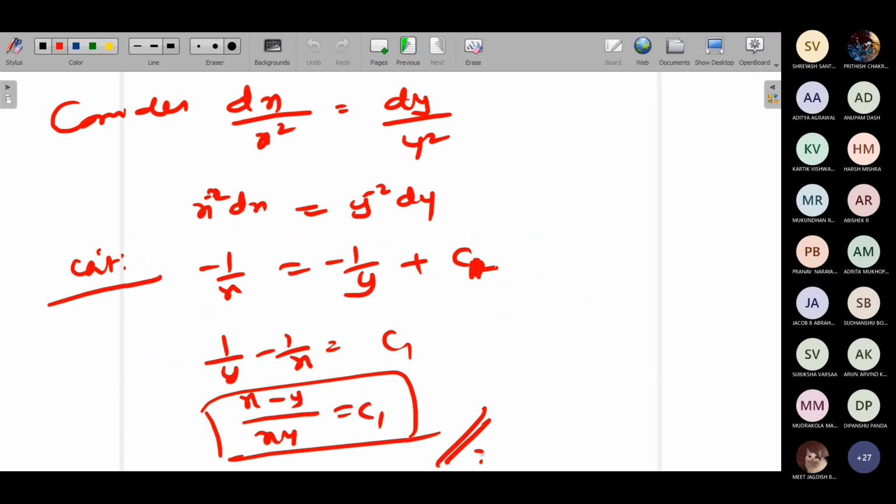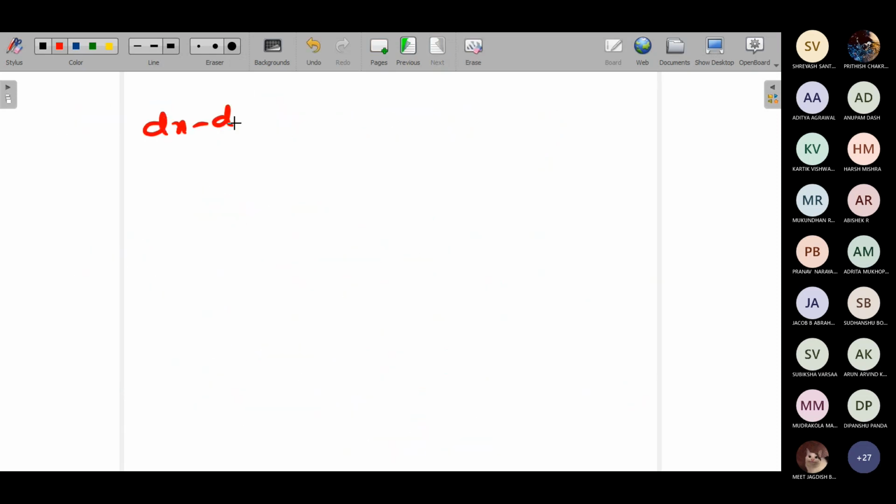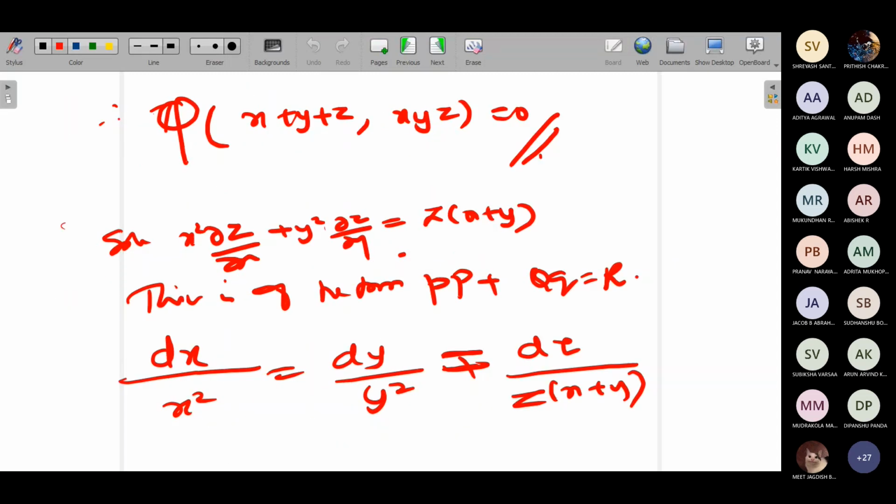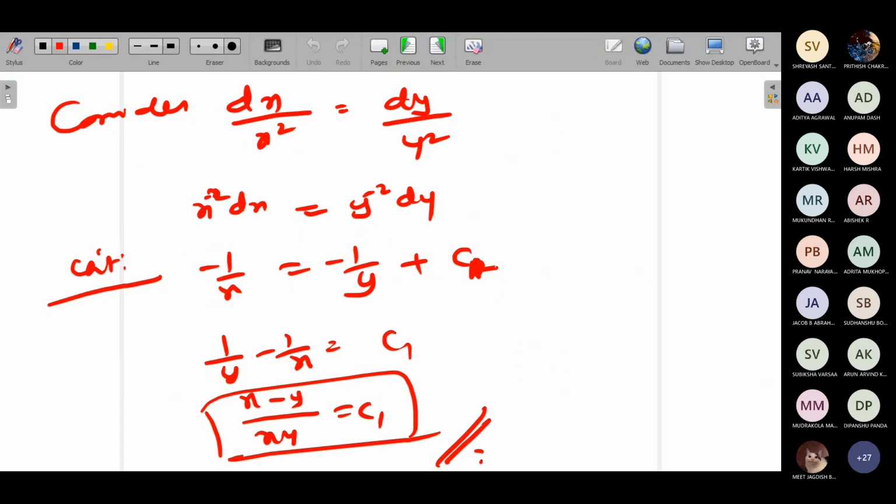See, listen, the first two ratios I can write as dx minus dy divided by x square minus y square. This I can equate with the third ratio, dz divided by z into (x plus y).